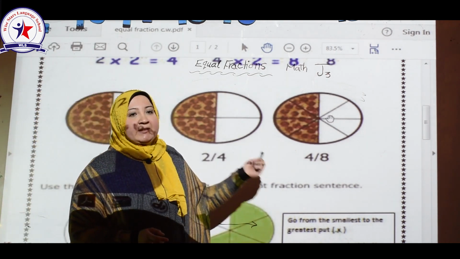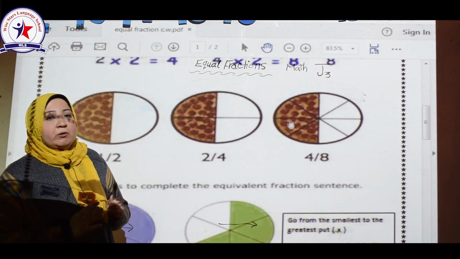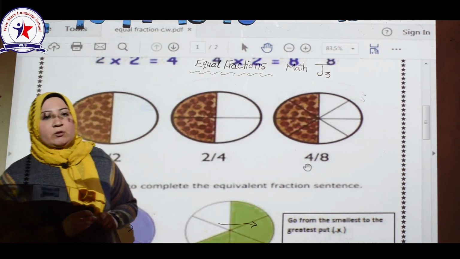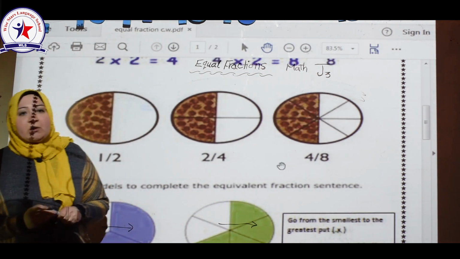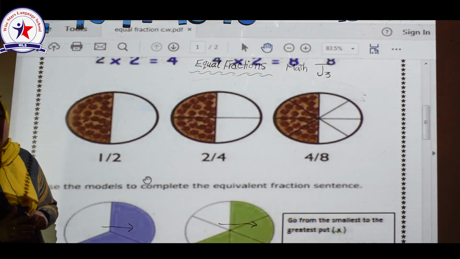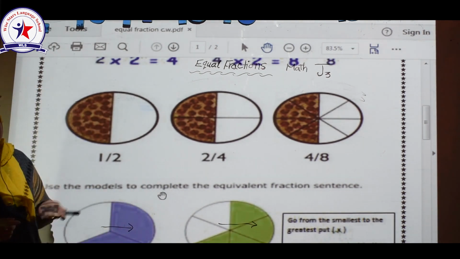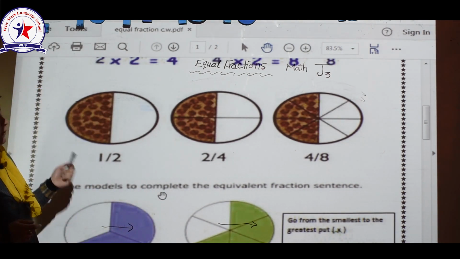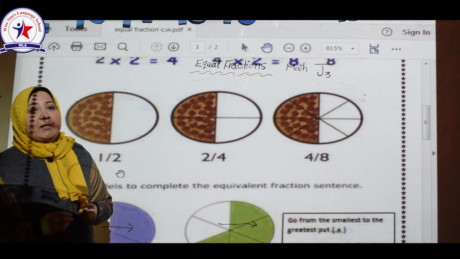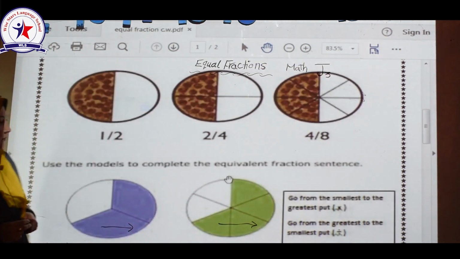If you divide the third pizza in 8 slices, you will eat 4 of 8. So you eat the same slice of pizza. So now, equal fractions are fractions that have the same value but different numbers. Now you know the meaning of equal fractions? Yes, equal fractions are fractions that have the same value but different numbers.